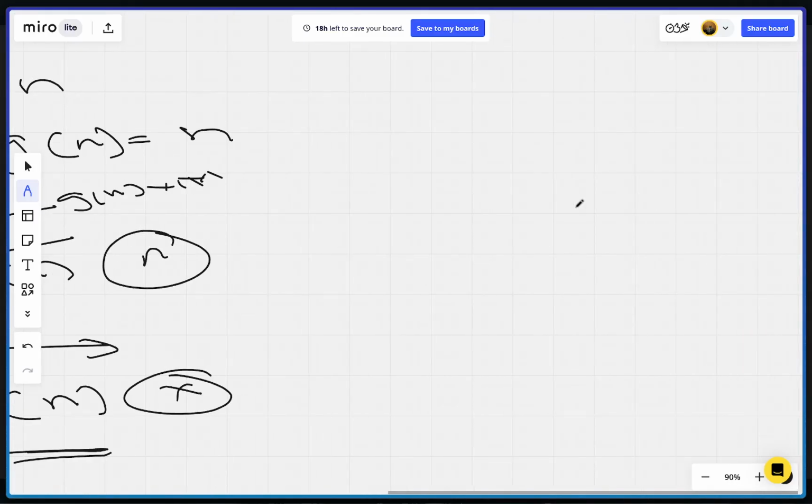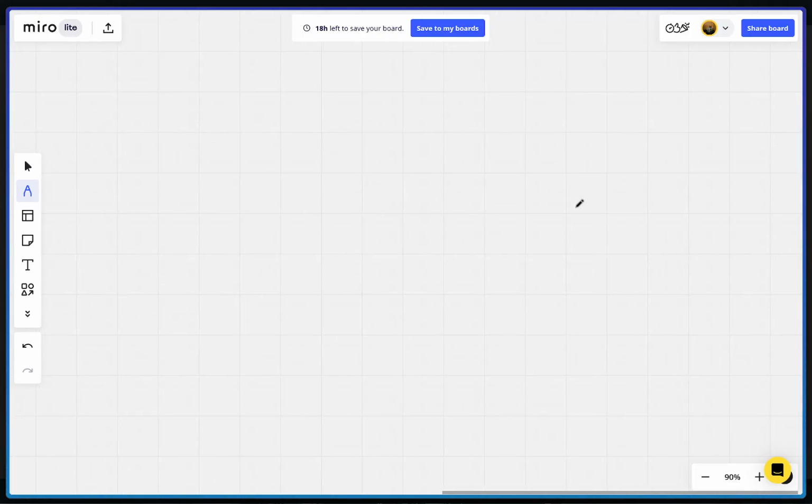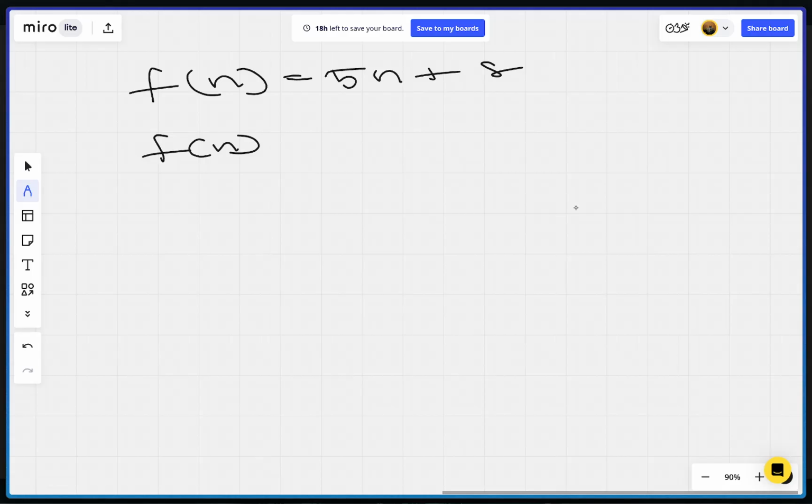So what I'm saying is, let's say we have a function f(n) equals 5n plus 8. In this particular scenario, the tightest boundary is O of n.